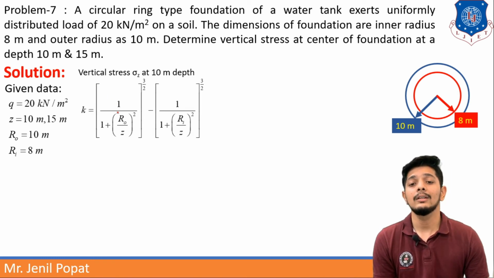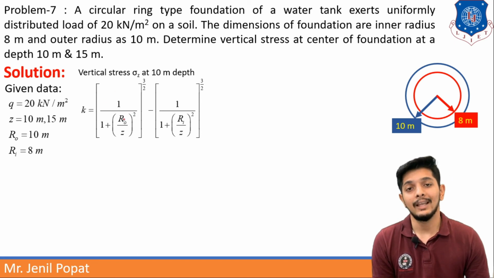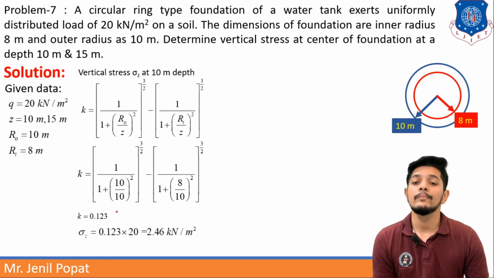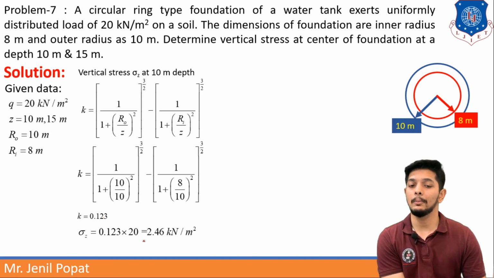Now here in this formula K, it is divided in two parts as RO and RI is given. So putting RO and RI value, I am getting K as 0.123. Now I have got K value. Now I have to calculate sigma z. So K into Q. So I am getting sigma z as 2.46 kilonewton per meter square.